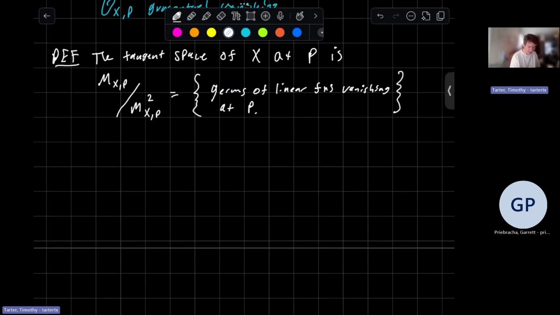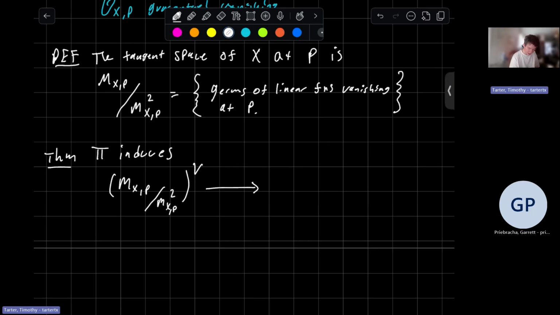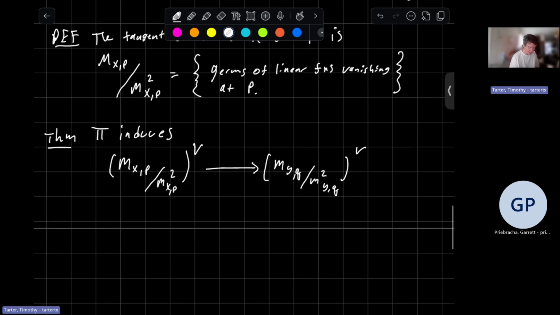And so as a remark, I'll maybe even call this a theorem, pi induces a map of tangent spaces: m_{X,P} mod m_{X,P} squared wedge sum gets sent to m_{Y,Q} mod m_{Y,Q} squared wedge sum.